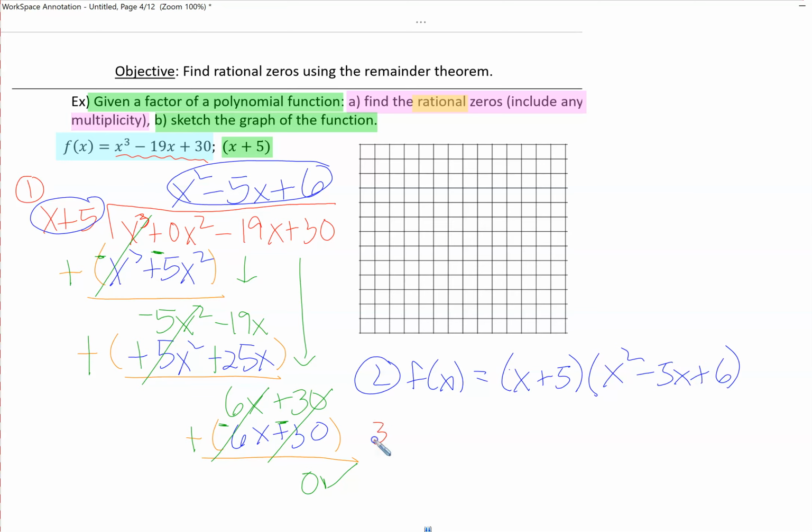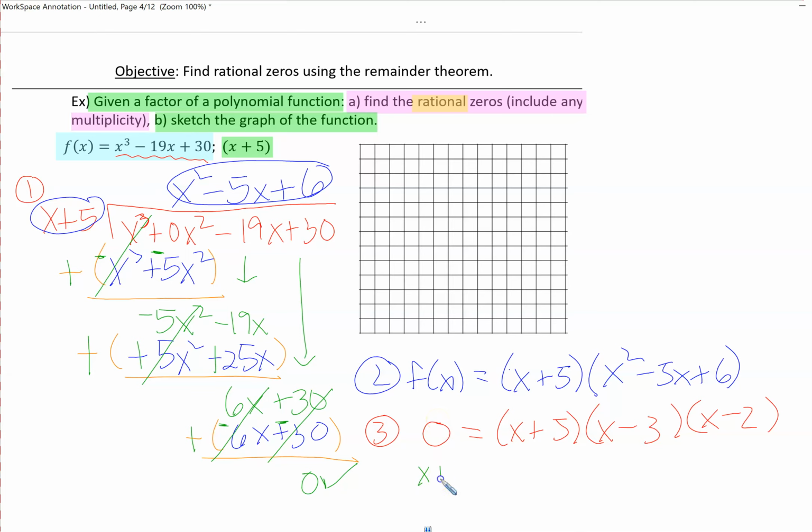So to find our zeros, we know our function value would be 0. That's our y value. And this would be still x plus 5. And our trinomial here factors into the binomials of x minus 3 and x minus 2. The zero product property then says one of these factors has to be equal to 0 for our product to be equal to 0.